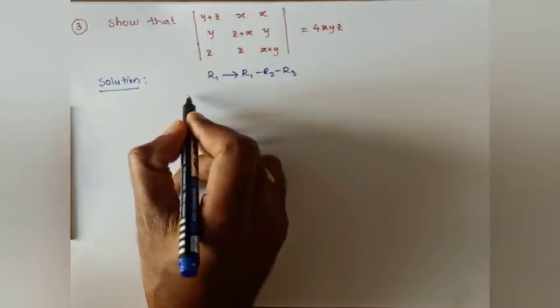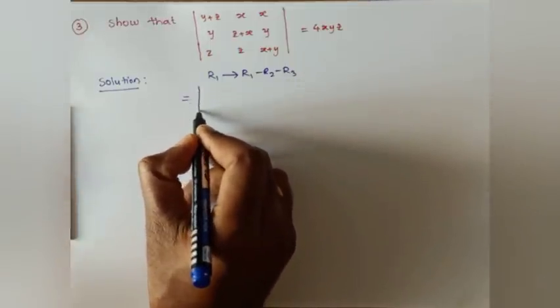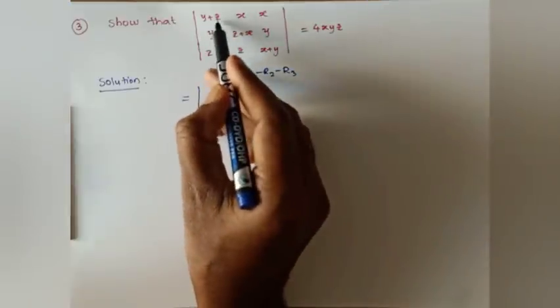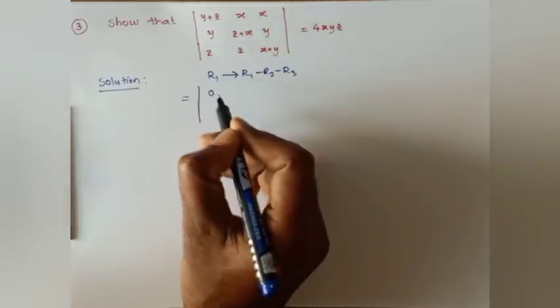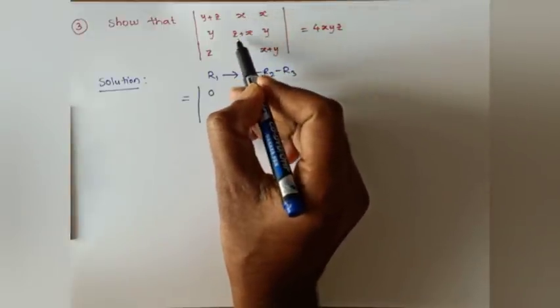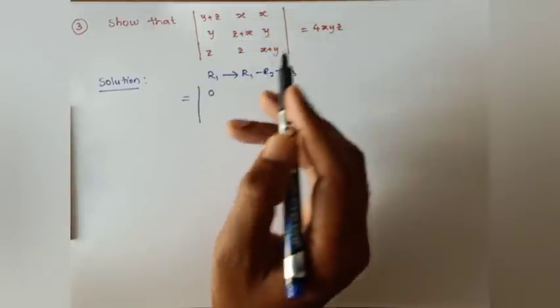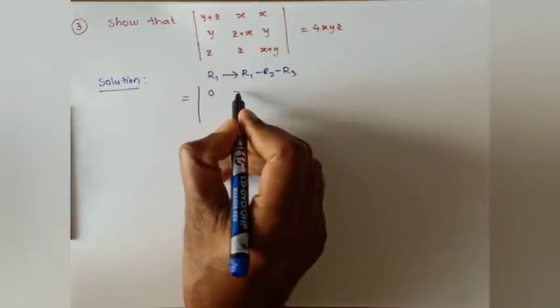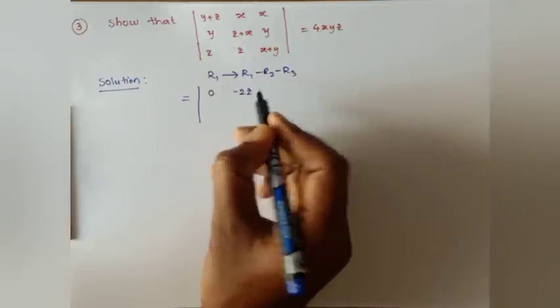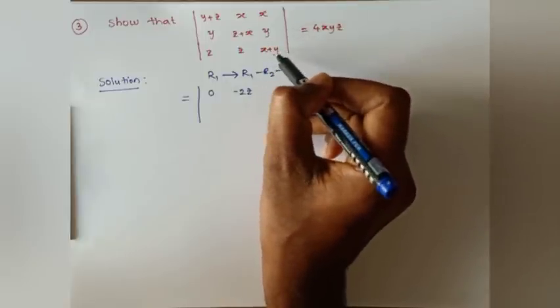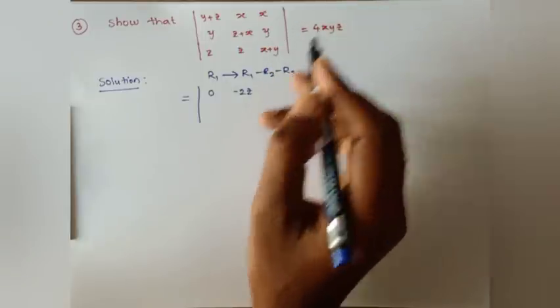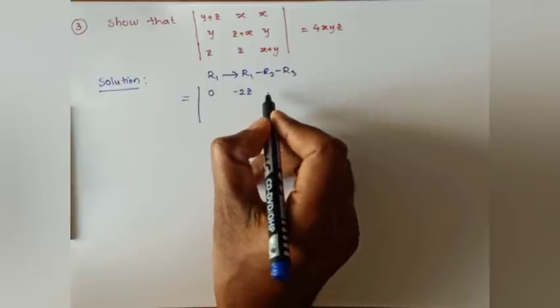So here that becomes, and what happens, y plus z minus y minus z, this becomes 0, right? x minus z minus x and minus z, that is minus 2z. Next, x minus y minus x minus y, x and x will be cancelled, then the remaining part is minus 2y.